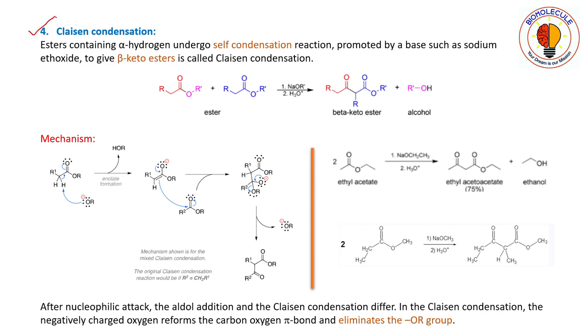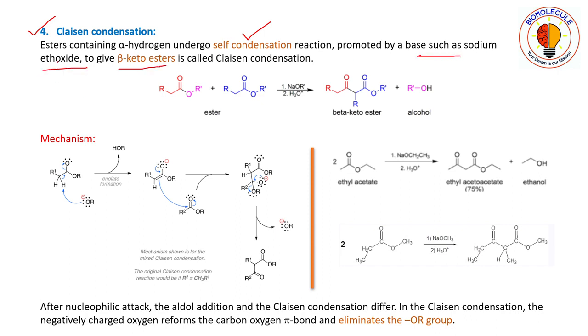Now Claisen condensation. Esters containing alpha hydrogen undergo self condensation reaction. Self condensation means two ester molecules will condense among themselves to give beta keto ester in presence of a base such as sodium ethoxide.